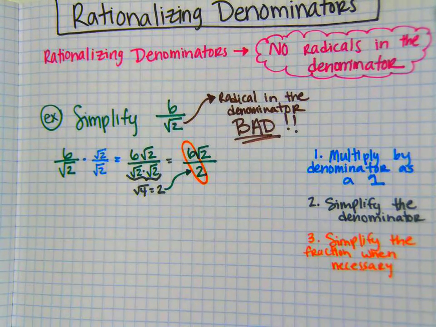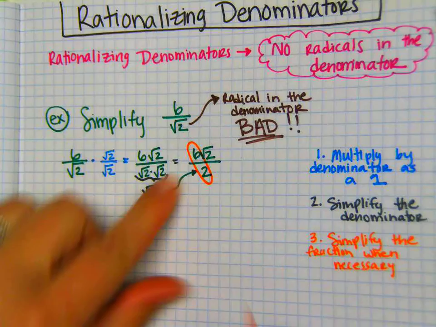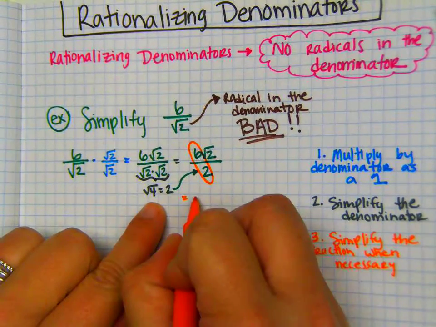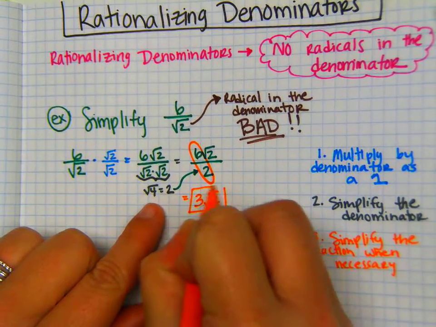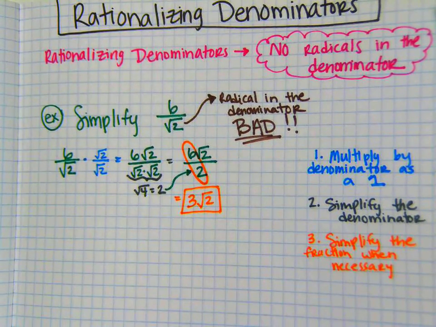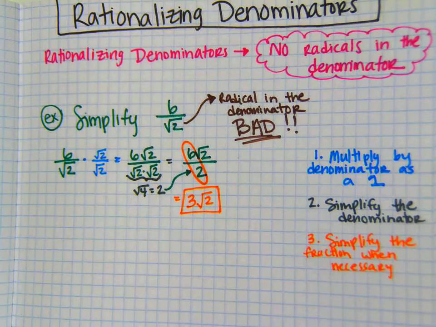If it was like 3 over 2, then we can't simplify that. So since we can here, we are going to simplify. What is 6 over 2? 6 over 2 is 3, and then that root 2 just gets brought down. So our simplified, rationalized answer is 3 root 2. And that's how you're going to rationalize denominators.